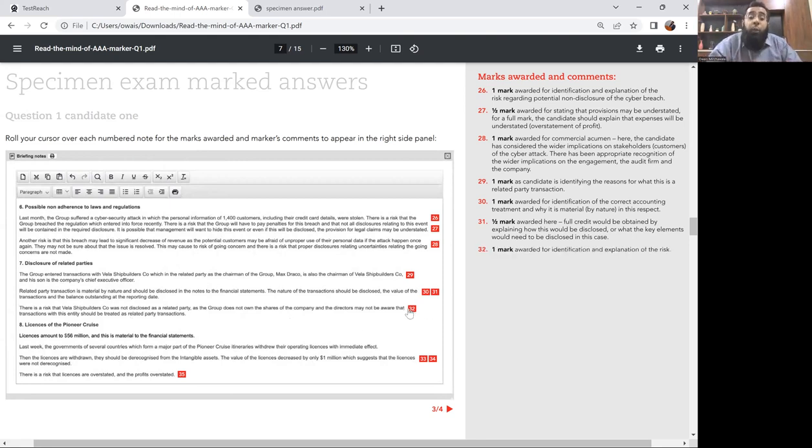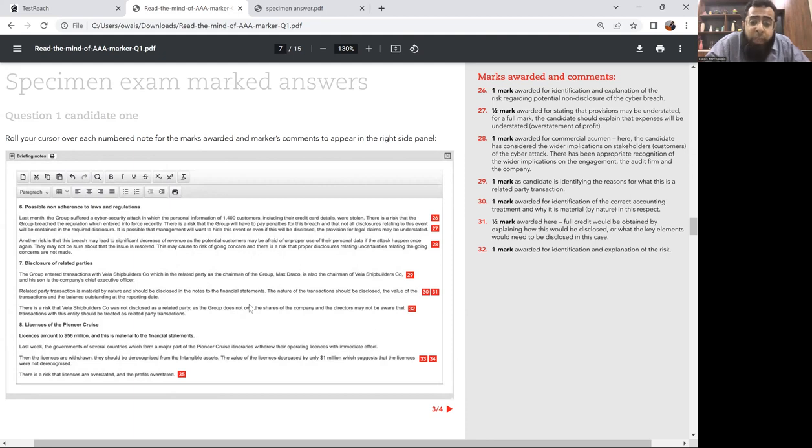The group can say that we need to know about this situation because the Crux Group does not own any shares in Vala Shipbuilder Company. It is the chairman who is also serving there. So unless and until the chairman discloses himself, the group will not be able to know this.